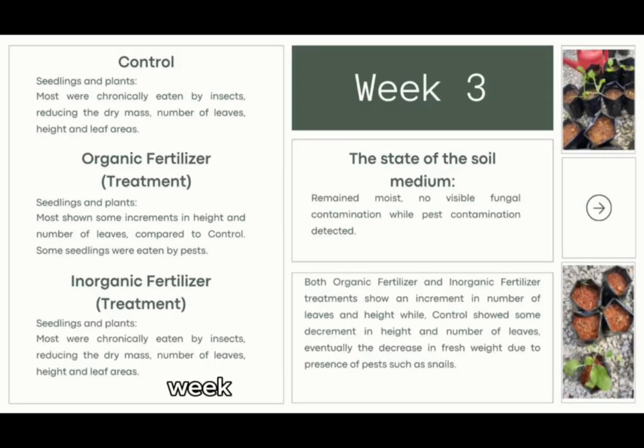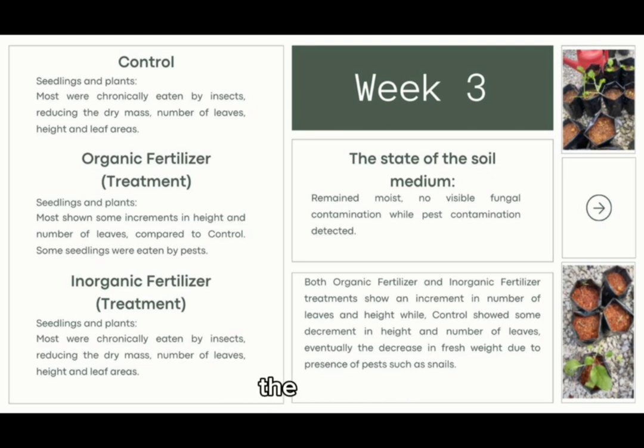In the third week, further development had been observed. Seedlings and plants acting as the control were already eaten by insects, causing a reduction in dry mass, height, the total number of leaves attached, and the average leaf area. The plants with the organic fertilizer had mostly shown a noticeable increase in height and the number of leaves when compared to the control.